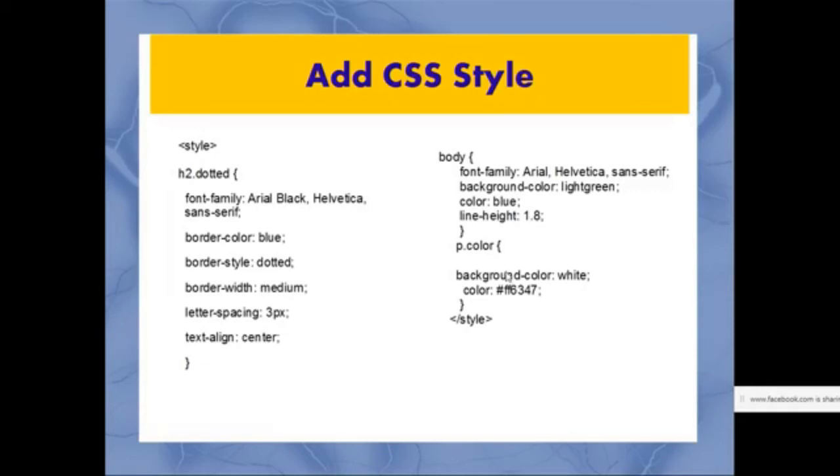Lastly I added the paragraph color. The paragraph background color is white, and the color code is, I think, a light green. You can look at the color wheel and check out the color code that you want. Just choose it with the hex value.